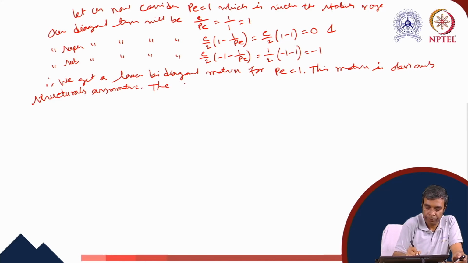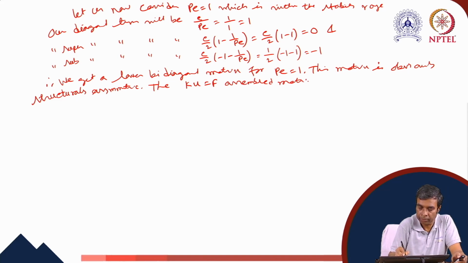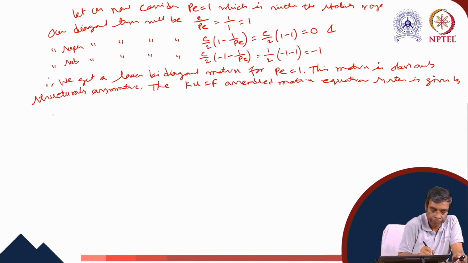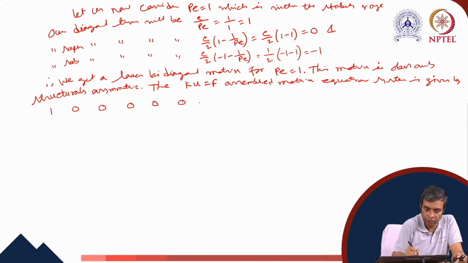The KU equals to F assembled matrix equation system is given by, so in the diagonal we have 1, super diagonal is 0, so remaining 8 terms all will be 0, so 0, 0, 0, 0, 0, 0, 0.